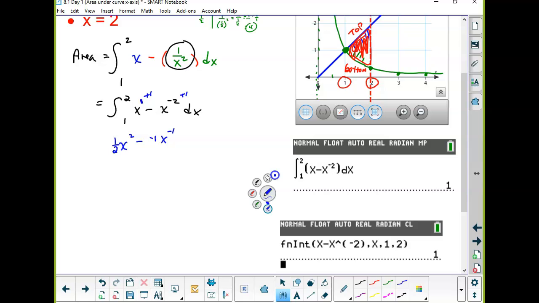That's going to turn this into addition. And then we will evaluate from 2 to 1. So I might clean this up just so it looks a little nicer. And now we have to plug in 2.